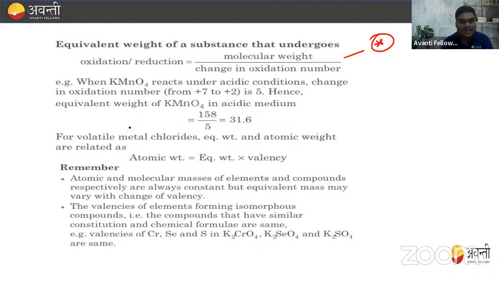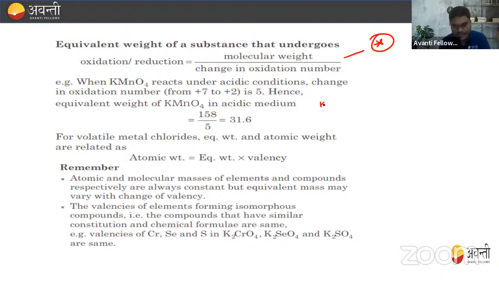For example, when the KMnO4 is reacted under the acidic condition, let me write the equation.